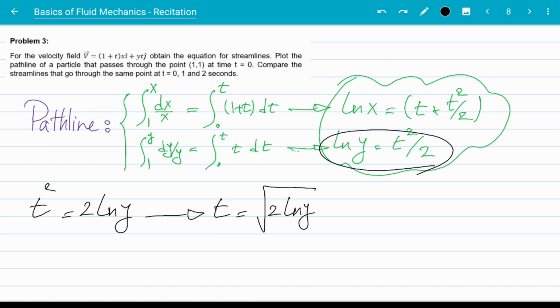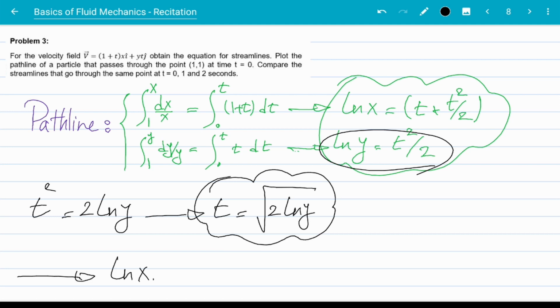So I found an equation that relates t to y. I can use this to eliminate time in the x equation. So going to the top equation, I can write natural log of x is equal to t plus t squared over 2, right?